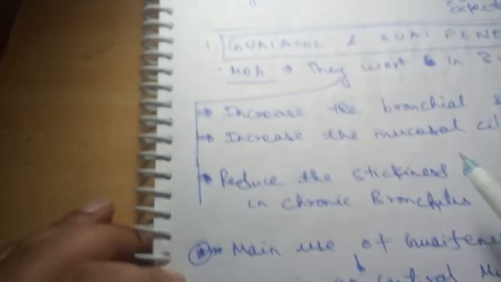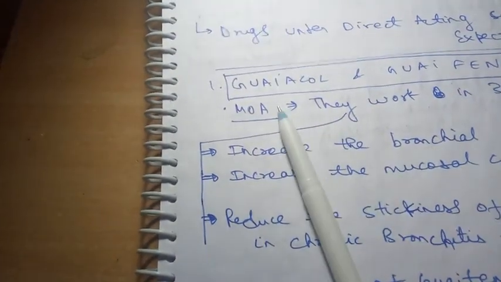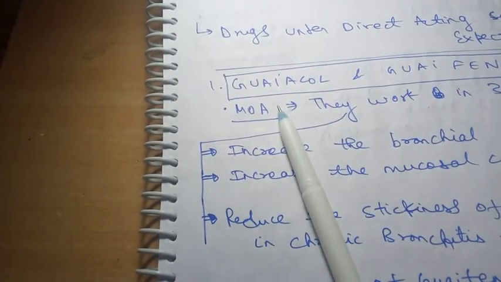Guaiacol acts just like the direct acting secretory stimulants. It acts directly on the tracheobronchial gland, increases the production of mucus, and causes hyperemia in the respiratory tract.